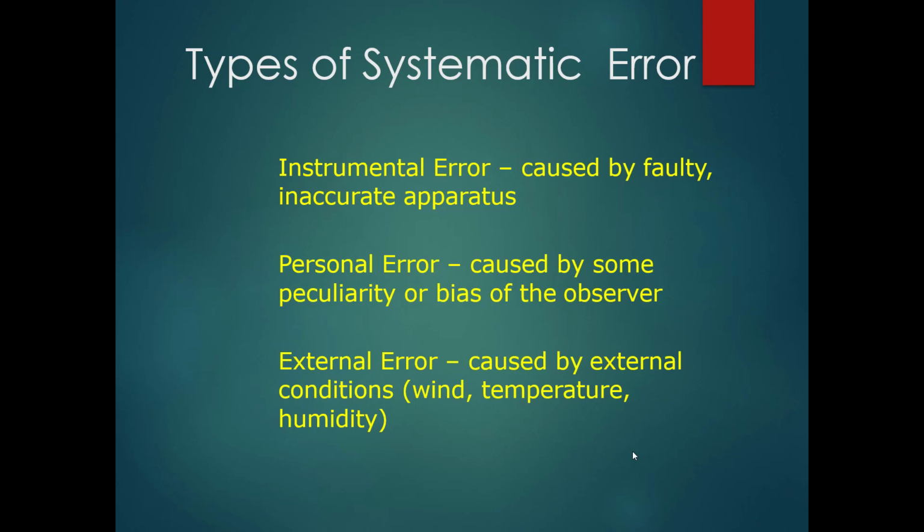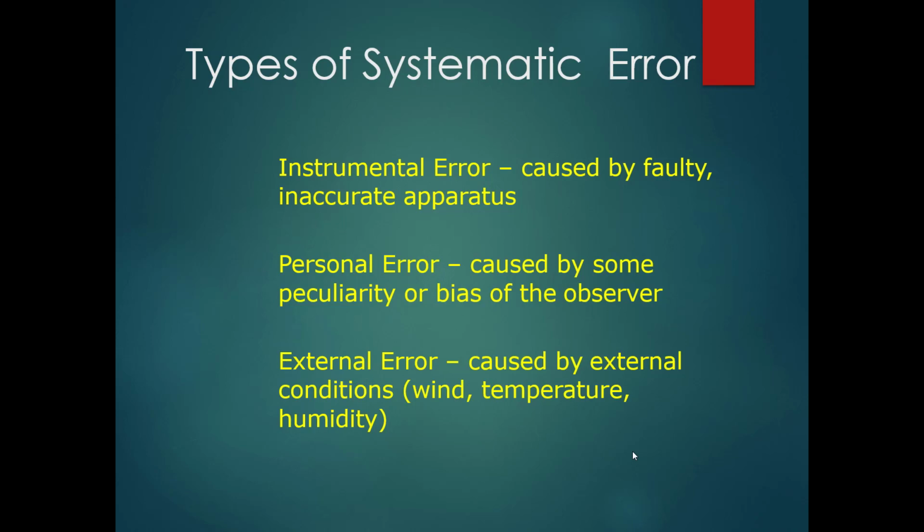If atmospheric pressure is changing, the reading of the temperature will also vary. So external error is a systematic error. If you know the relationship between atmospheric pressure and temperature, you can easily derive the mathematical equation, and you can rectify the reading according to the error.